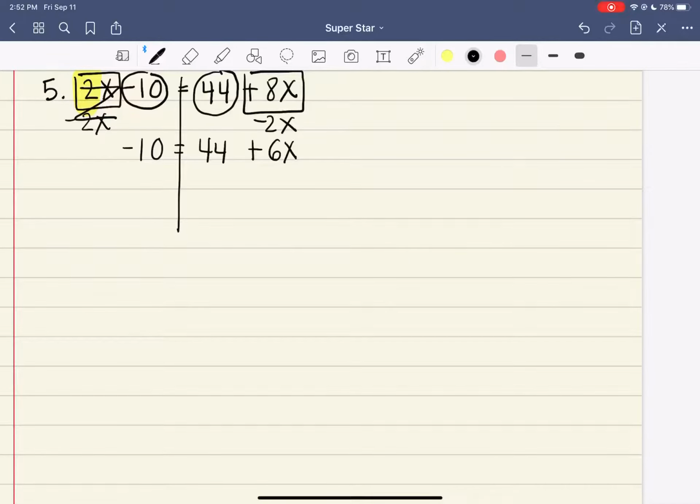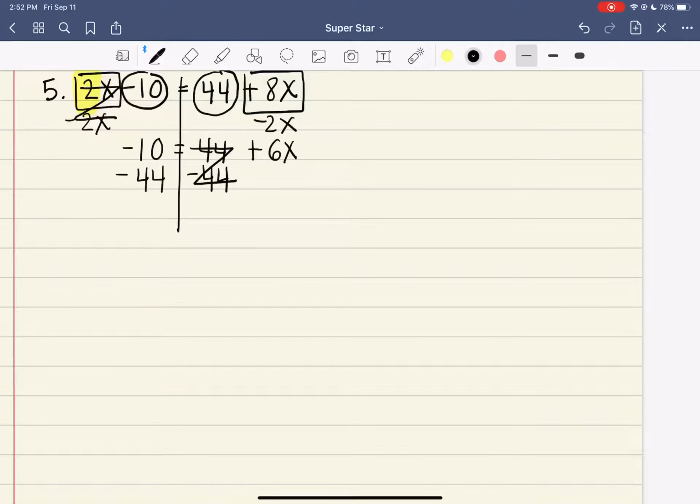So now we're down to our third question about constants on both sides. We're going to see here we have a 44 and we have a negative 10. And this 44 is the one that's on the same side as the variable, so we're going to have to subtract this 44 from both sides.